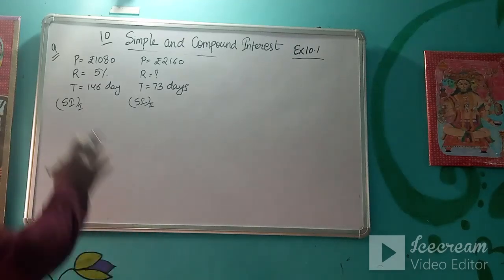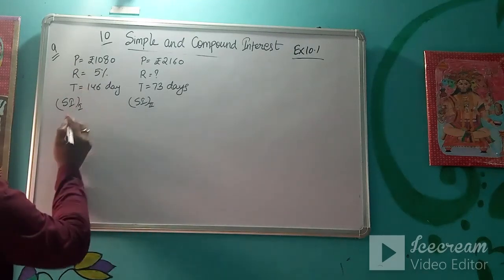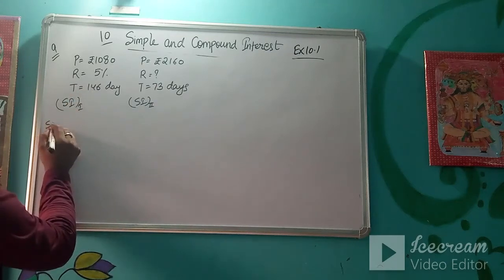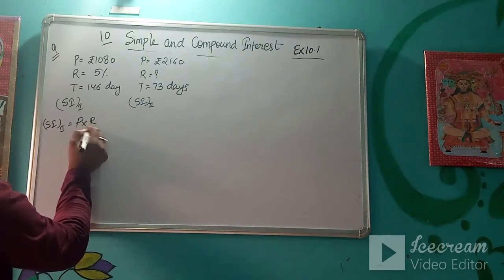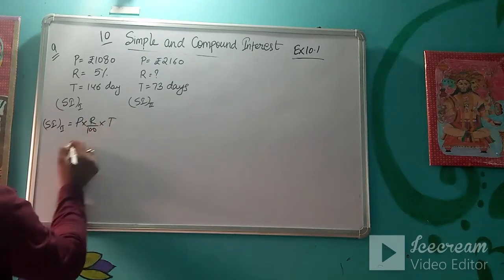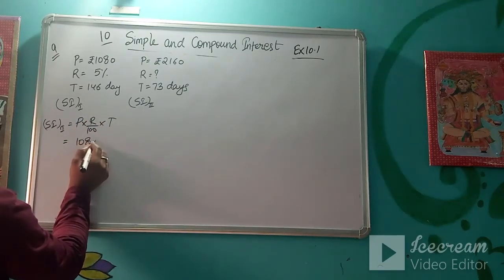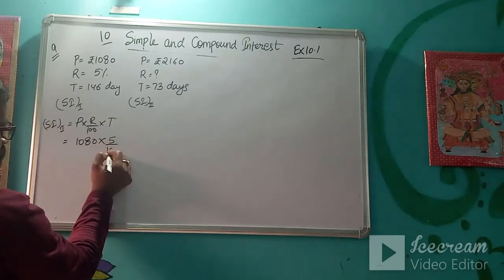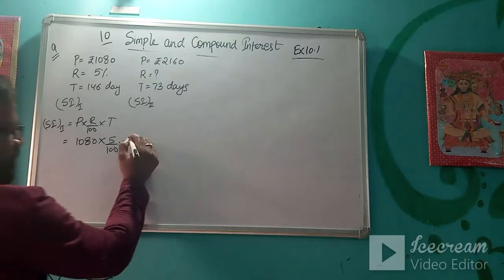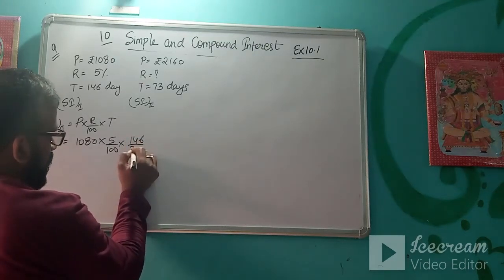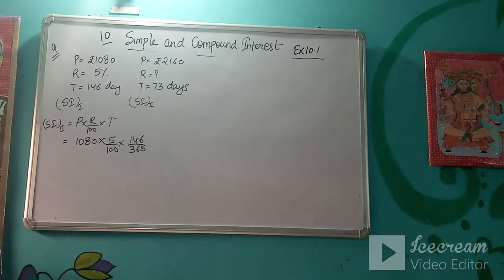So first we are going to calculate simple interest 1, that is P into R upon 100 into T, the same formula. So 1080, R is 5 upon 100, and this time is in days, so we will convert it into years by dividing by 365.